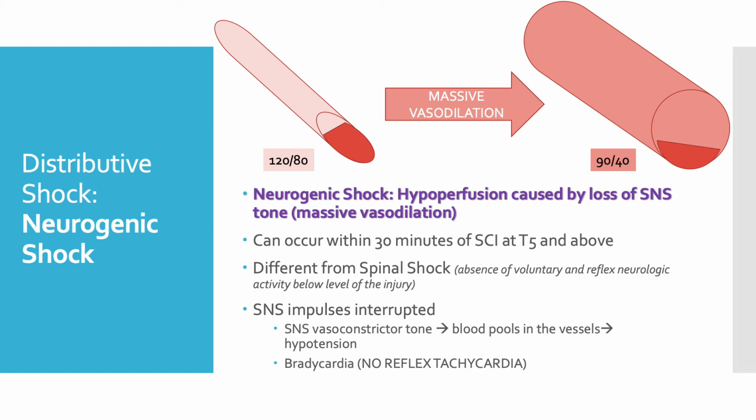Now, normally, when we see a blood pressure of, say, 90/40 that we see here, our bodies would respond with a sympathetic response, tachycardia, increased contractility, etc. That's our sympathetic response to hypotension. However, remember what caused this massive vasodilation and this hypotension. We've knocked out our sympathetic response. So instead, we actually see bradycardia, and this is one of the cardinal signs of neurogenic shock, hypotension with bradycardia.